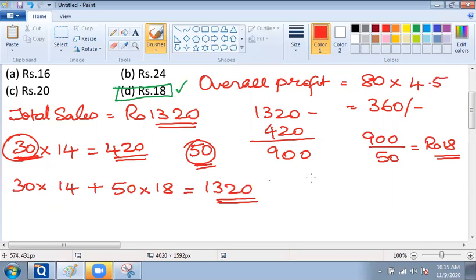We have already seen the overall cost is 960, so that results in a profit of 360.